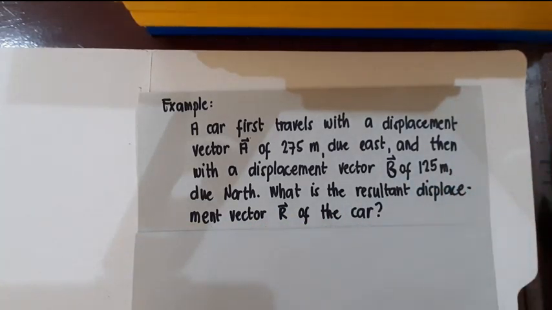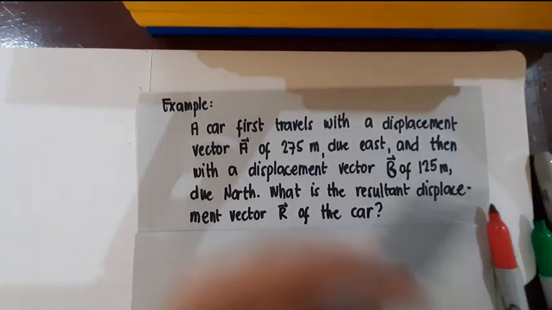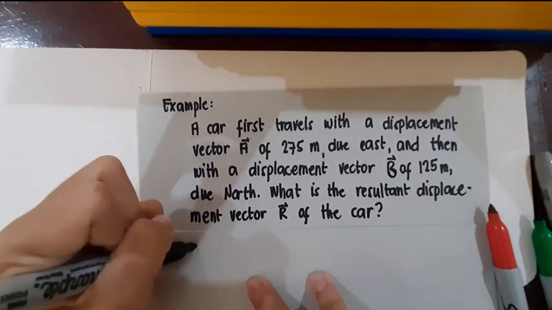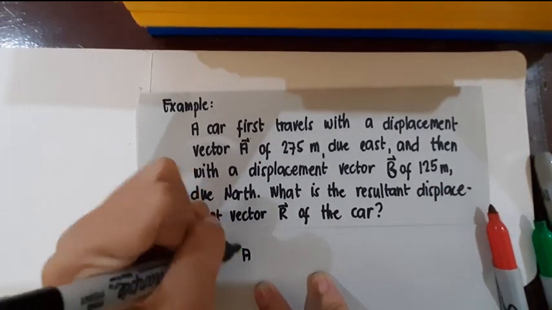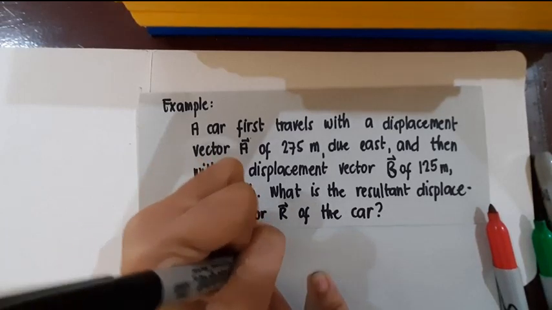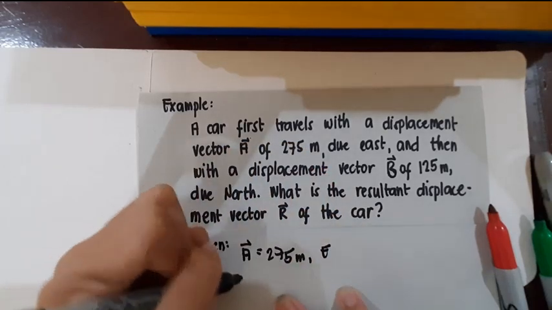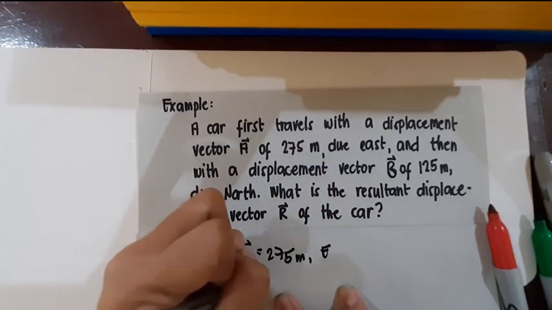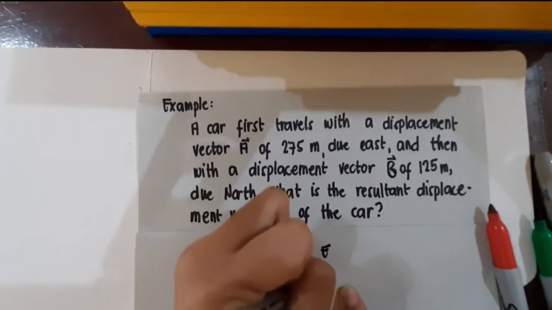So you write first your given: vector A is 275 meters east, and your vector B is 125 meters going to the north.